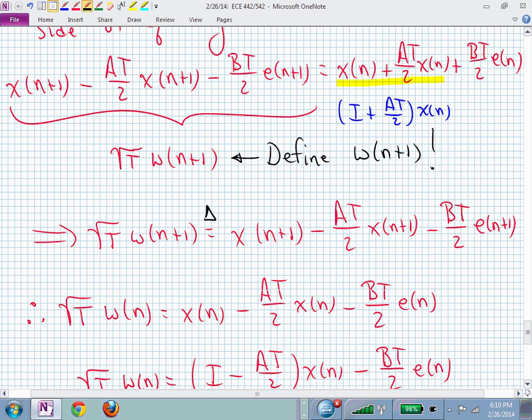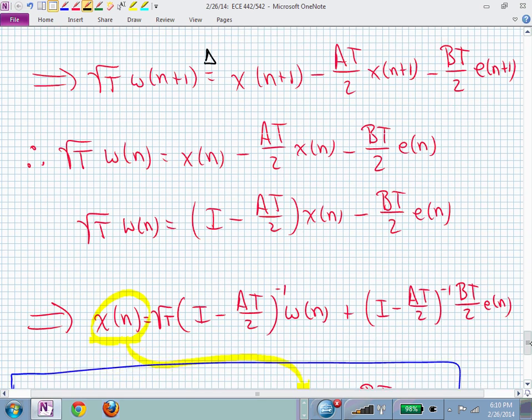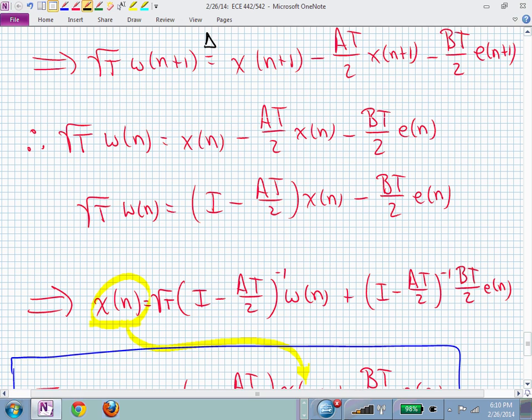And that gives me a way to relate all of these w's, x's, and e's at the same time index. And I just said, if they're true at n plus 1, they must be true at n. And that gives me this. And I used that to solve for x of n.